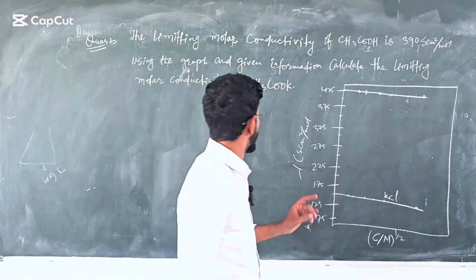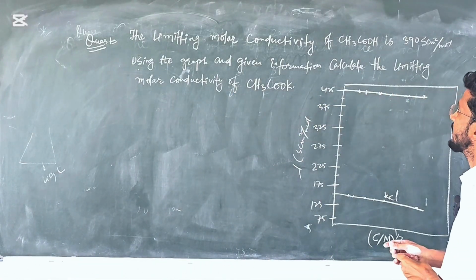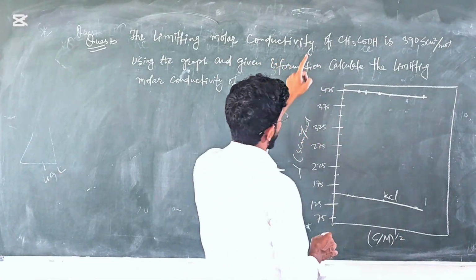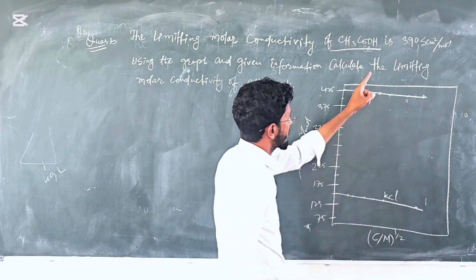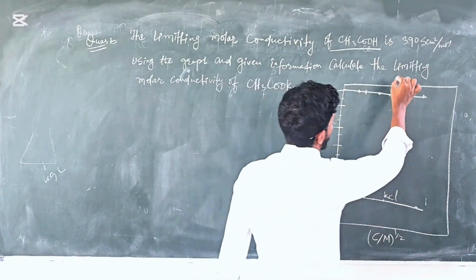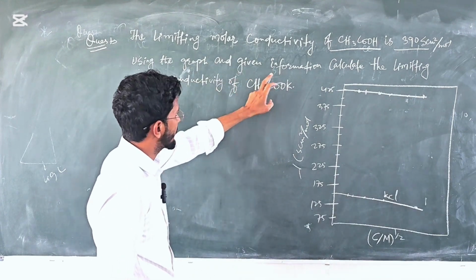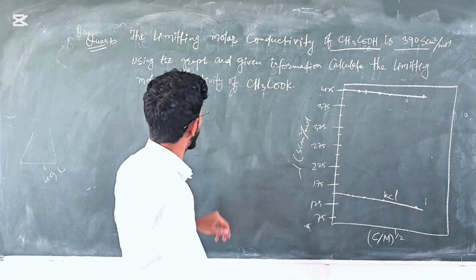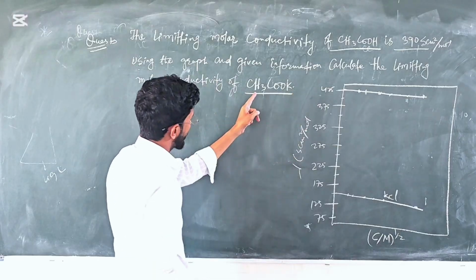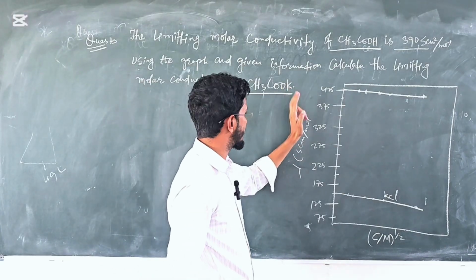Now if you see the next question, it is given that the limiting molar conductivity of acetic acid, that is CH3COOH, is 390 Siemens centimeter square mole inverse. Using the graph and given information, calculate the limiting molar conductivity of the salt, that is potassium acetate, CH3COOK.